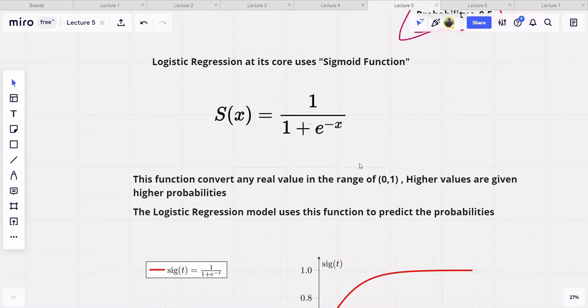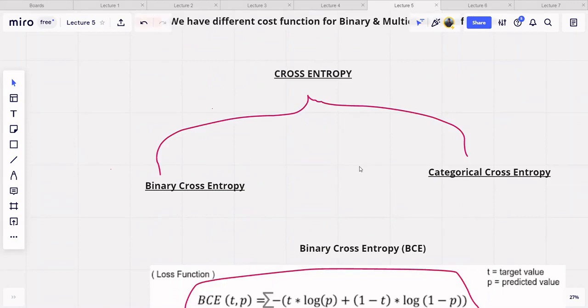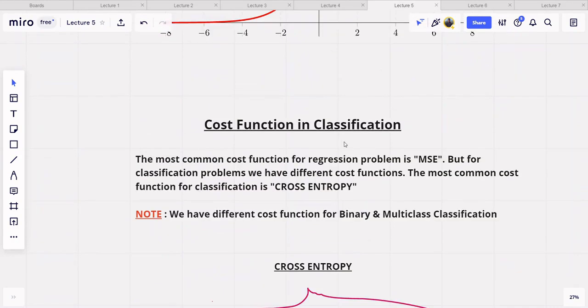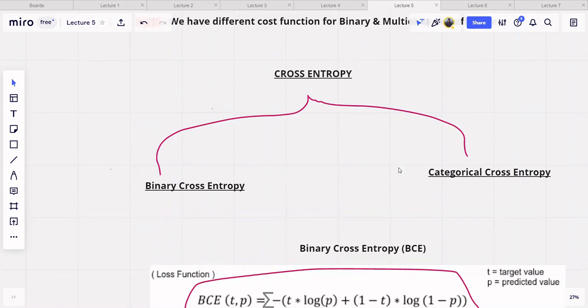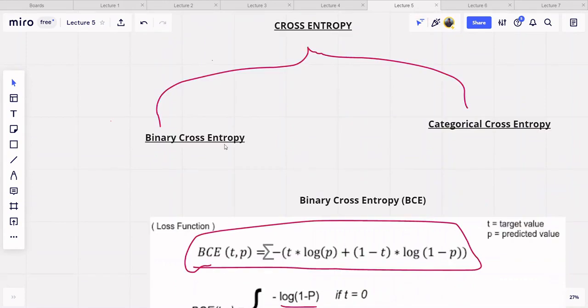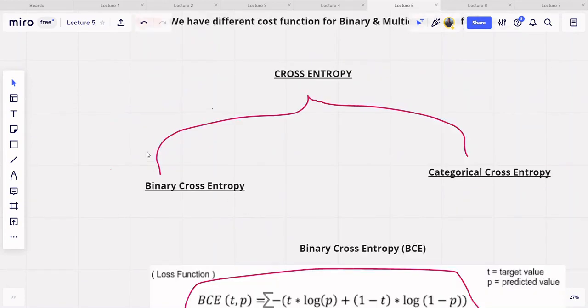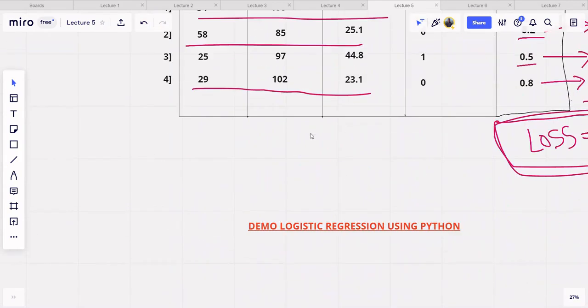Then again, the cost function for most classification problems is binary cross entropy and categorical cross entropy. Binary cross entropy is used for binary classification problems, and categorical cross entropy is used for multi-class classification problems. So yeah, this was an overview.